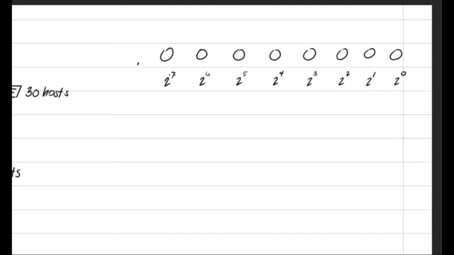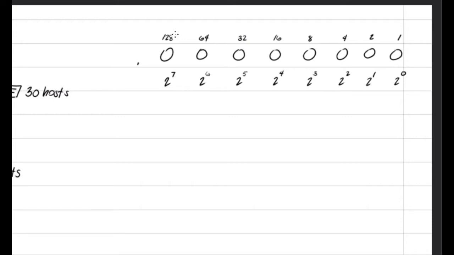After our base, we will write down the host, which is the answer of our base. So we have 1, 2, 4, 8, 16, 32, 64, and 128. Okay, so we are finished creating our table.